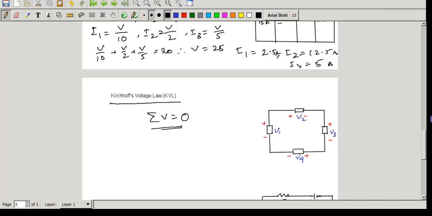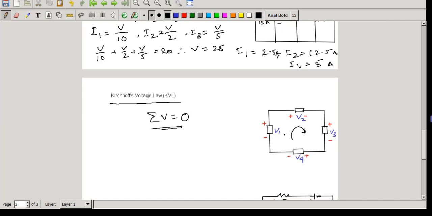Now we have to identify the voltage drop whenever current flows from one direction to another. Current flowing from negative to positive through this network, we consider negative. If current flows from positive to negative, then it is positive.